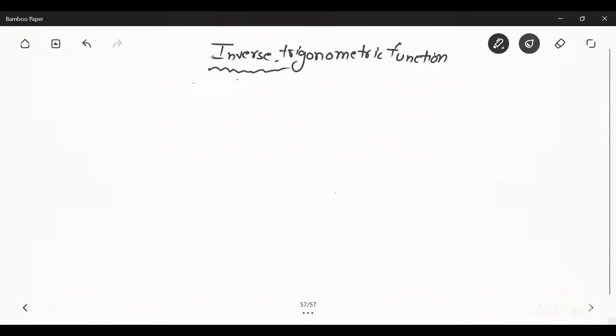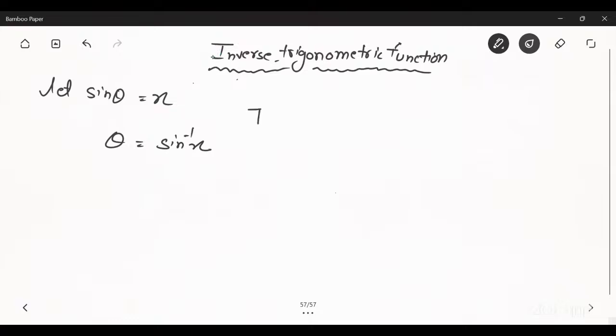So these types of functions are generally the inverse of trigonometric functions. Suppose sine theta is equal to x, then theta is equal to sine inverse of x.